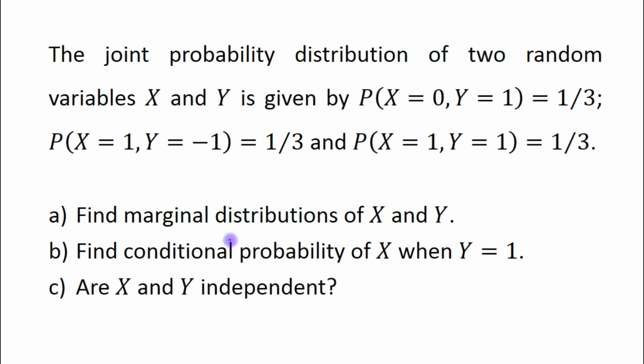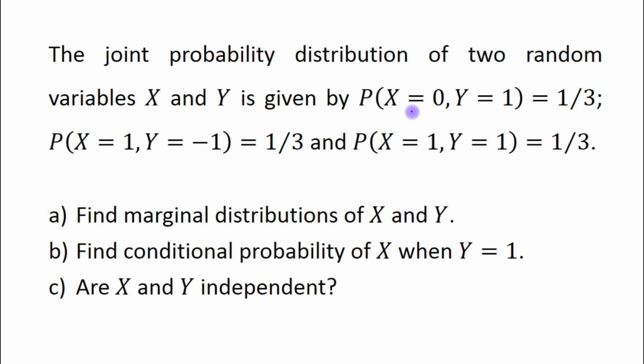Last question. The joint probability distribution of two random variables x and y is given by these joint probabilities, and the first part is to find the marginal distributions of x and y.